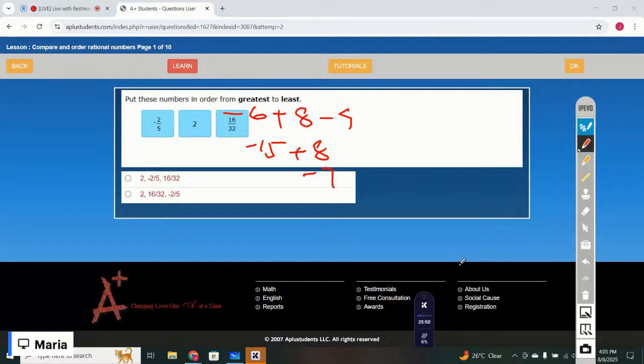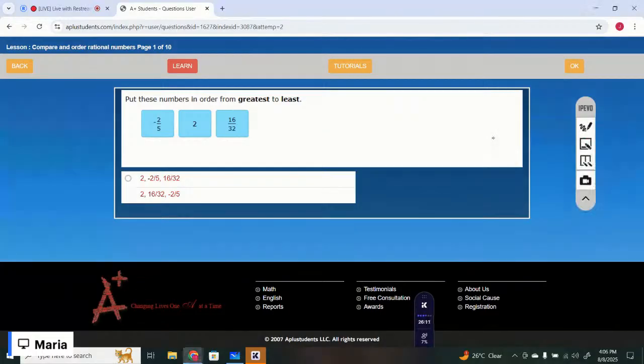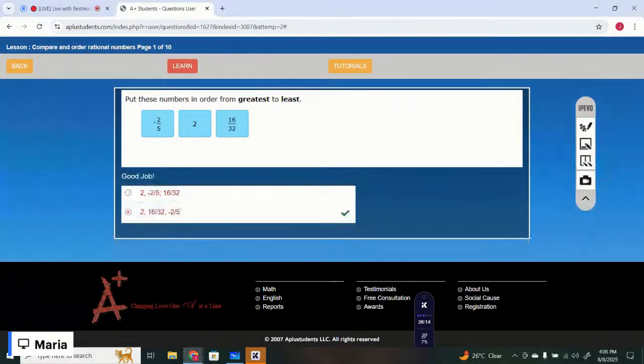So 2 is the greatest number because that is positive. Then we have 16 over 32. Option number 2 is the correct option. That is 2, 16 over 32 and negative 2 over 5.